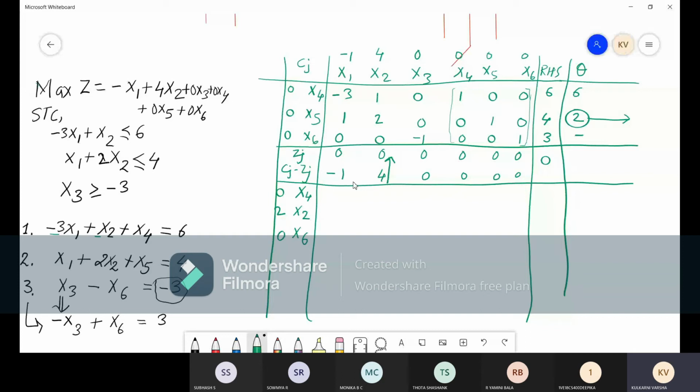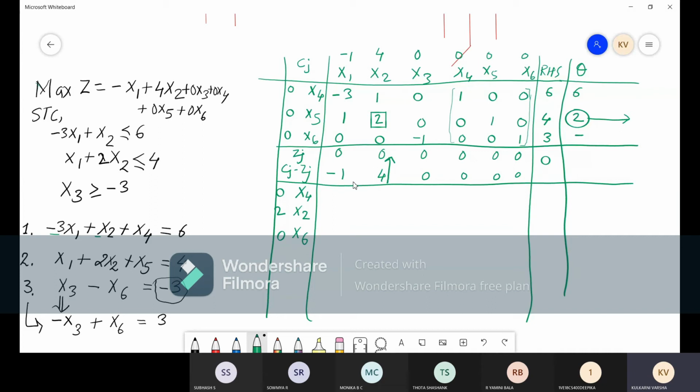So first we'll write for the newly entered variable, that is X2. I will write the X2 row as pivot row divided by pivot element. This is your pivot element because it is the cross section element of the entering variable and the leaving variable, right? The intersecting element of those variables, so this 2. Now what will be our pivot row?